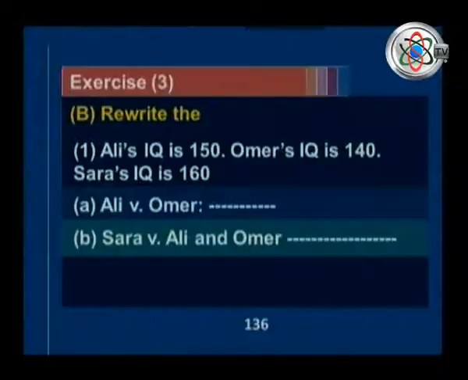Ali's IQ is 150. Umar's IQ is 140. Sarah's IQ is 160. You know IQ? What does the word IQ stand for? Perhaps you give him the mic. Yes? I think it indicates the clever or the smart. Wonderful. That's good. IQ refers to intelligent quotient.